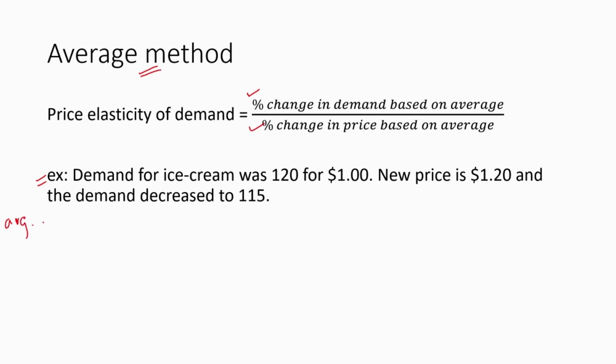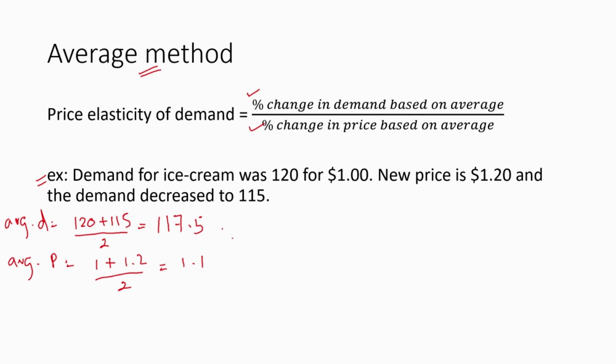The average demand equals 120 plus 115 divided by 2, which is 117.5. The average price is 1 plus 1.2 divided by 2, which equals 1.1.